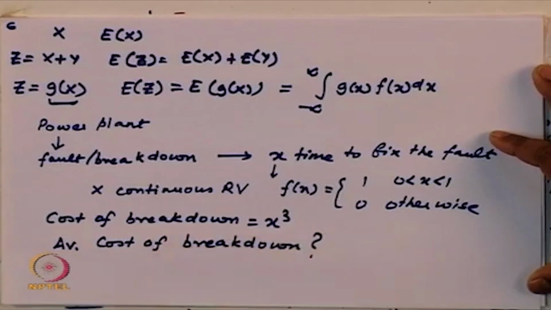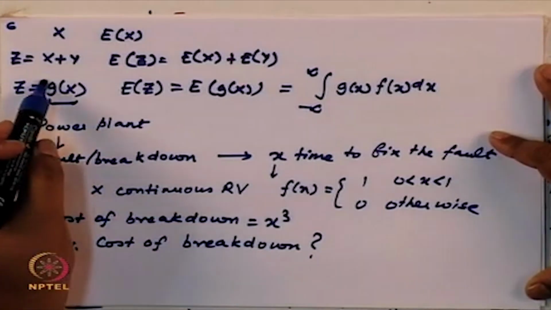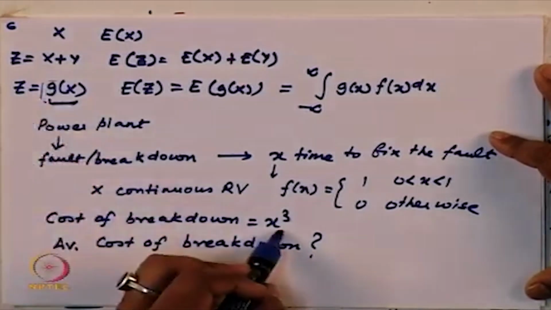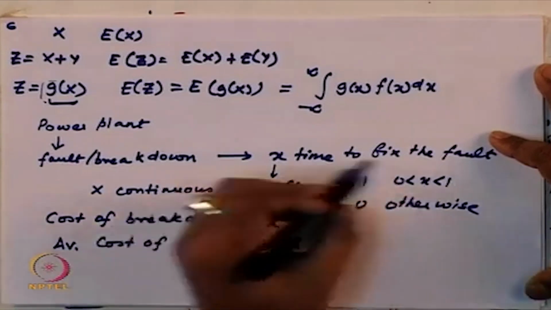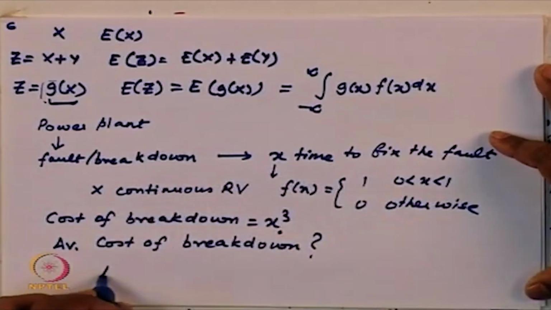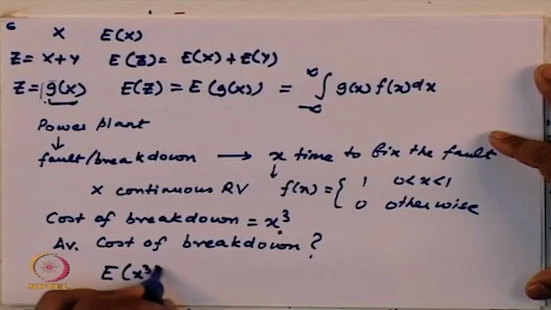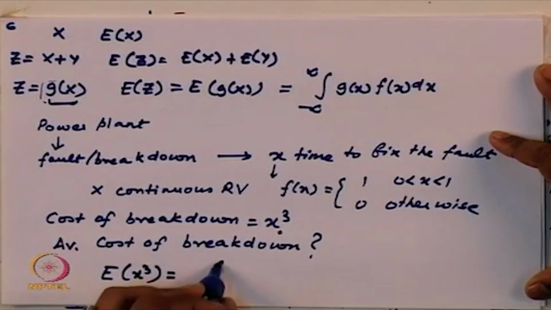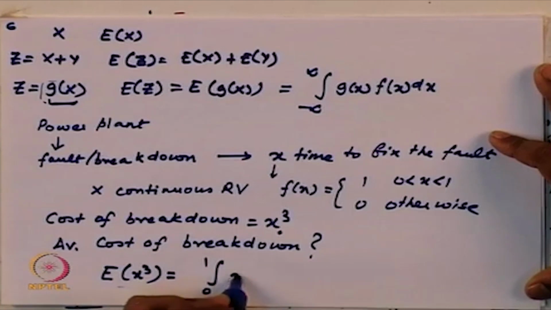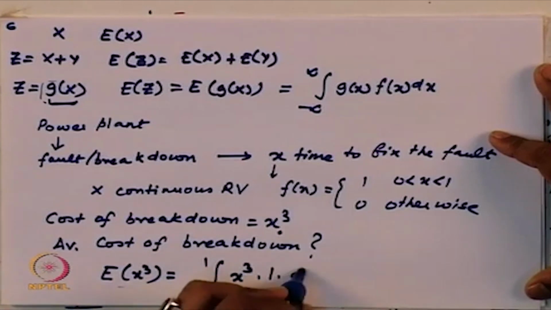What will you do? Essentially you have a function g of x, which is x cubed, and this is the corresponding probability distribution. So, we want to find out expectation of x cubed, which is nothing but the integral from 0 to 1 of x cubed into 1 into dx.